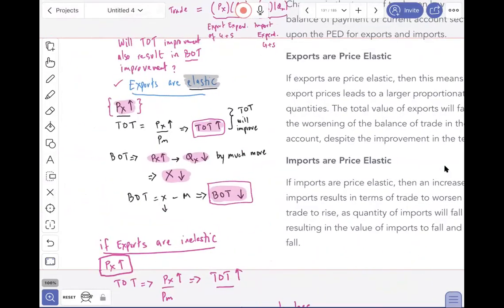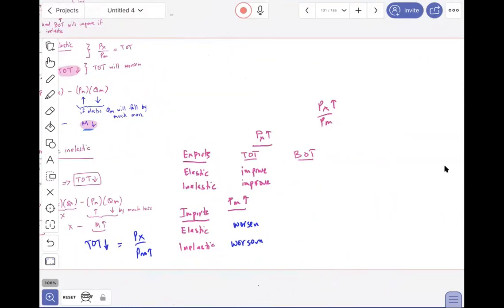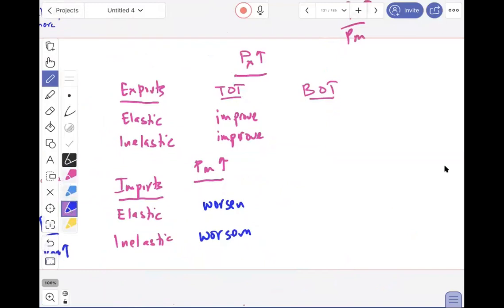First case, if our exports were elastic, because they were elastic, when the price went up, quantity will fall by much more and balance of trade will worsen. So your balance of trade will worsen. But in this case, when they're inelastic, balance of trade will improve.